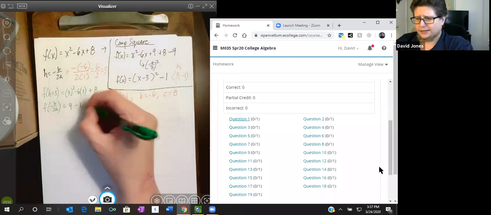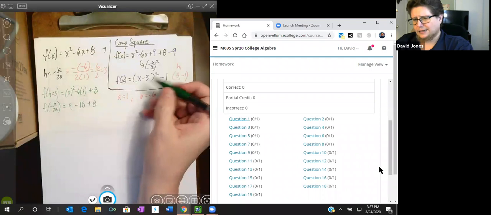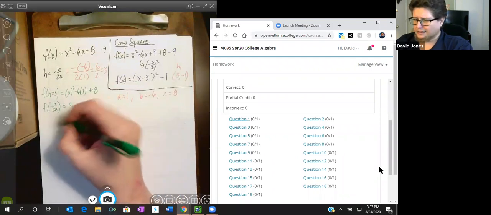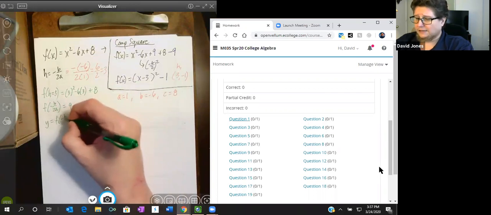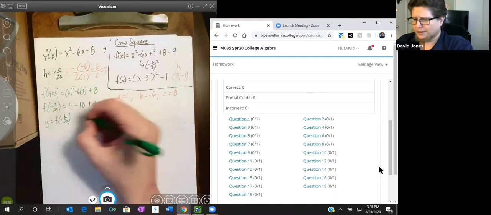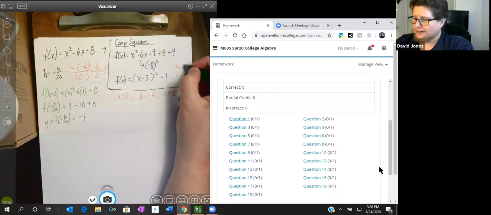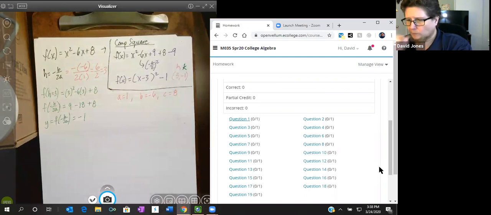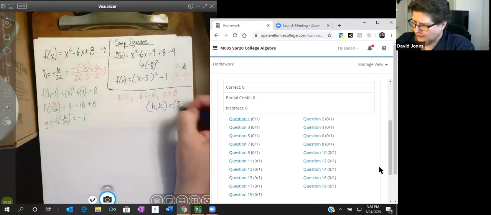Minus 6 times 3 is negative 18. So the y value, 9 minus 18 is negative 9. Negative 9 plus 8 is negative 1. Bam, I got my k. So, valuable piece of info. HK is 3, negative 1.